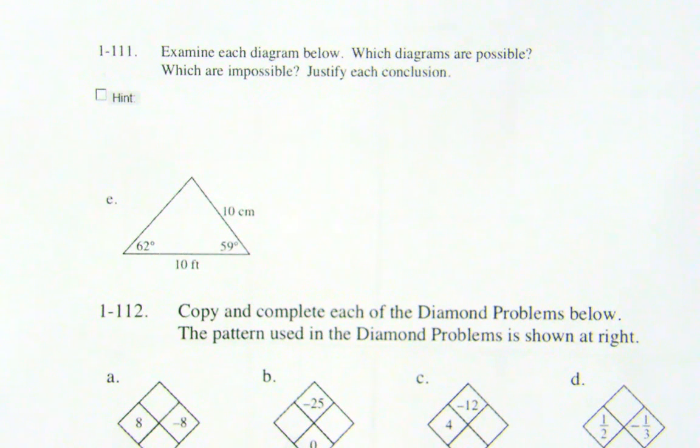And remember that in order to make a triangle with sides, if you have two sides, the third side is going to be at most as big as the other two sides added together, or at least as small as the other two sides subtracted from each other. So those are the concepts that you're supposed to apply for problems A through D.